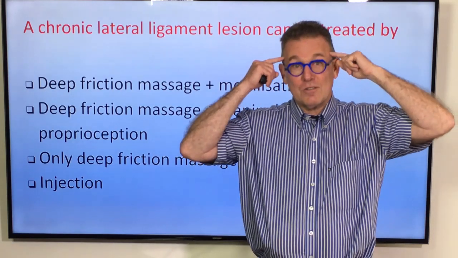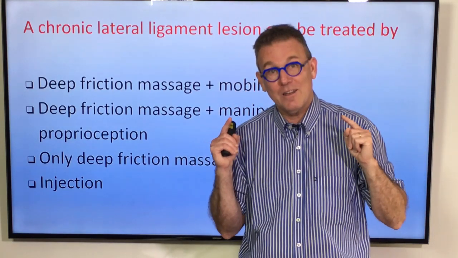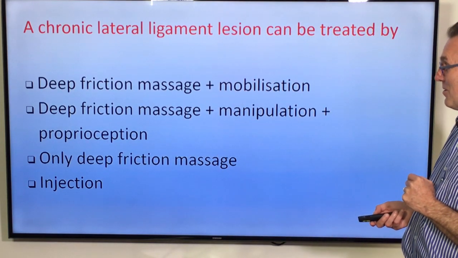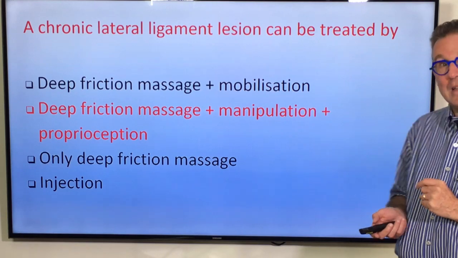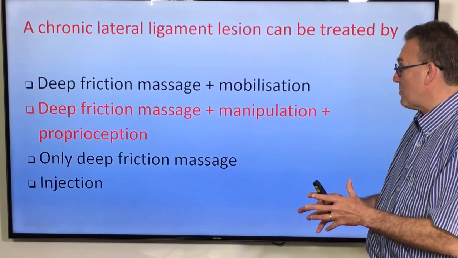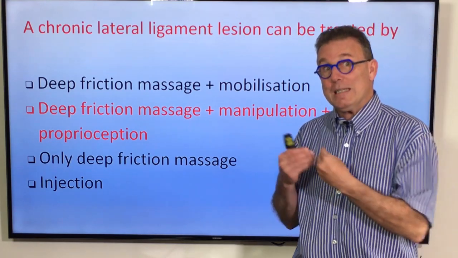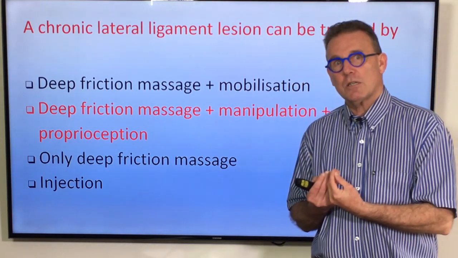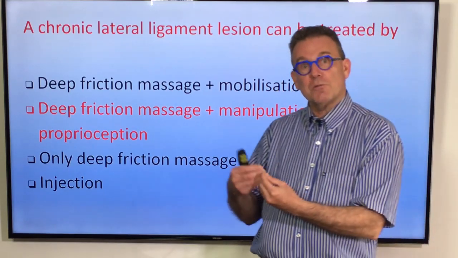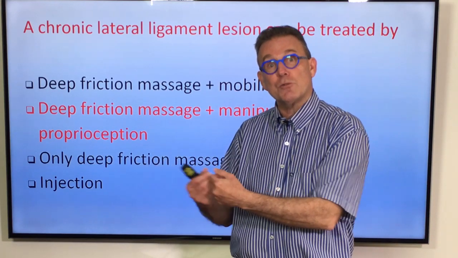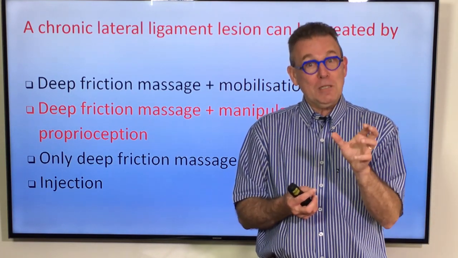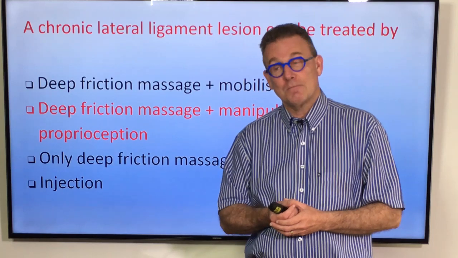But with this idea in the back of your mind, what are you going to do? Of course, you're going to do this: friction massage, manipulation, proprioception. In other words, you're going to re-trigger the healing process by doing friction and one manipulation, and then you continue with friction and movement, movement, movement in order to get a more optimal repair and remodeling phase.